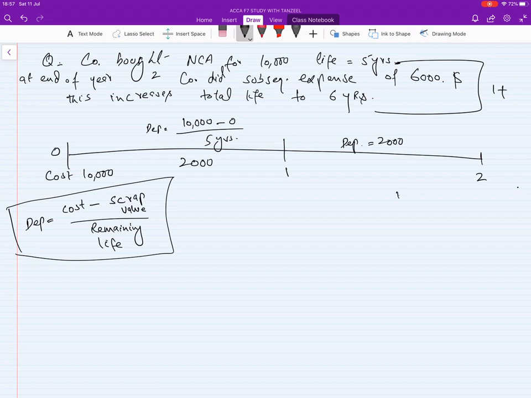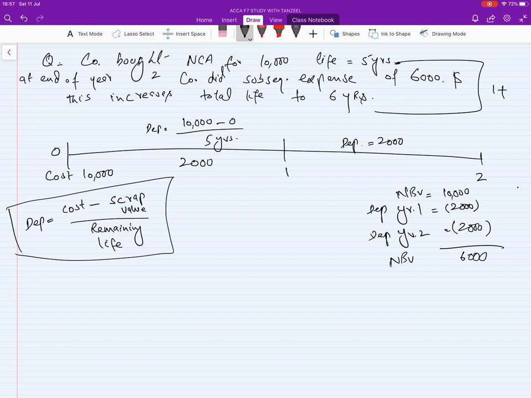The net book value at the end of year 2: 10,000 was the cost, year 1 depreciation was 2,000, then year 2 depreciation, so you are left with 6,000. The net book value at the end of year 2 is 6,000.